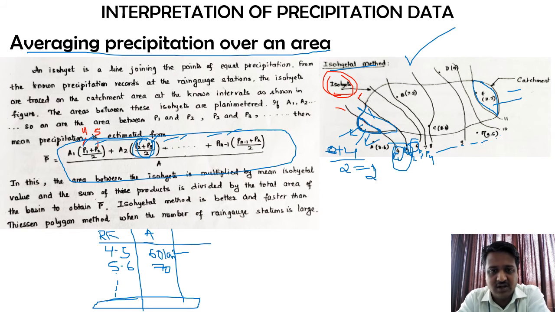Next we went through rain gauge stations, or measurement of rainfall. In rain gauge stations we had three types: non-recording, recording, and telemetric type of rain gauge stations.